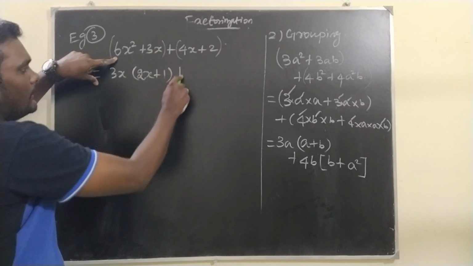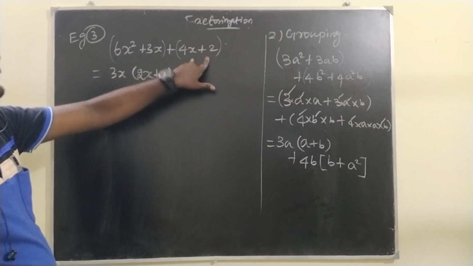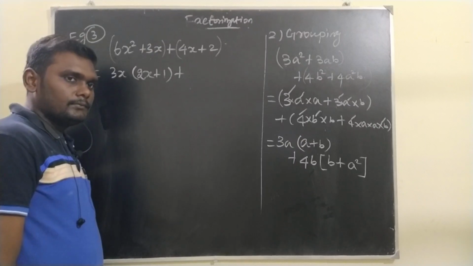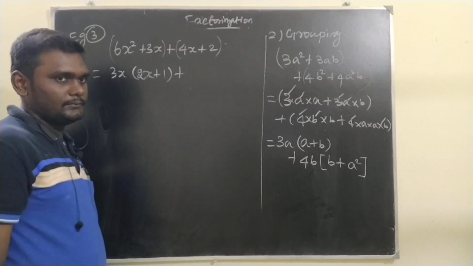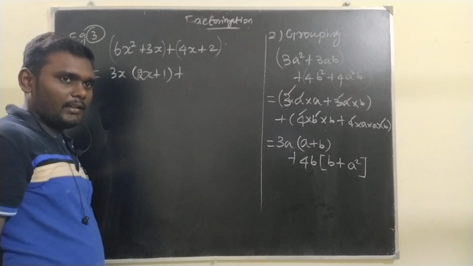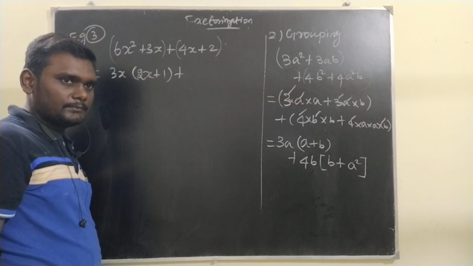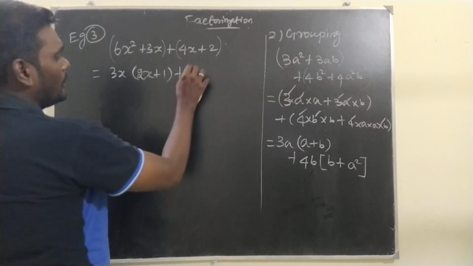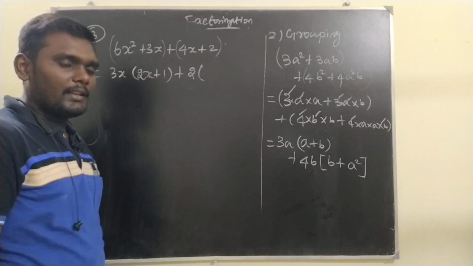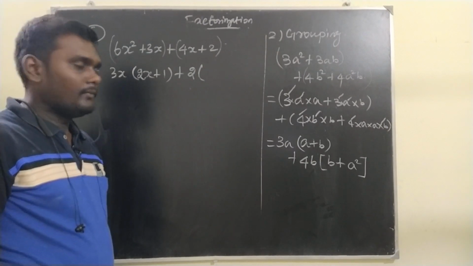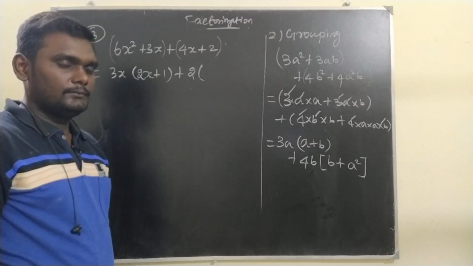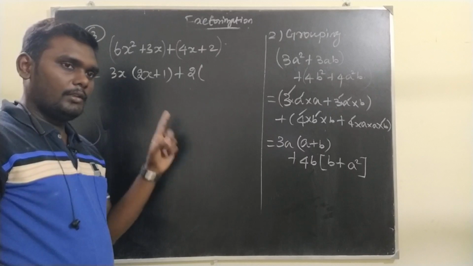So it is 1. Plus, from the other two terms, can anything be taken out? It's 2 again. No variable will come out, only 2 we can take out. Then 2 will be taken out. What will stay inside here? This is actually 2 into 2 into x.